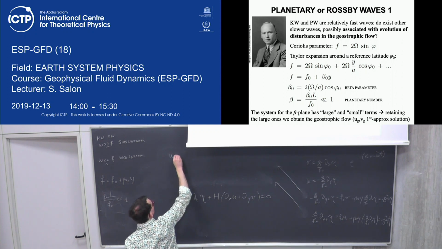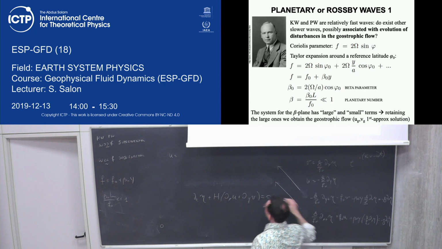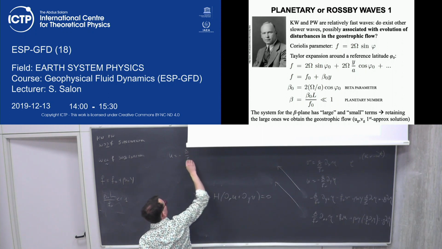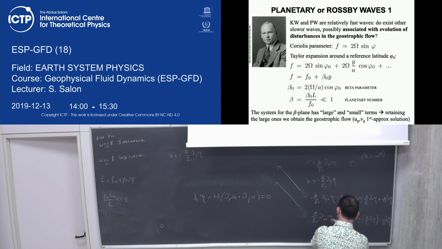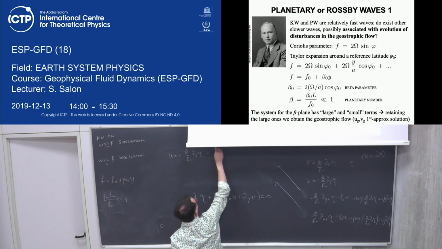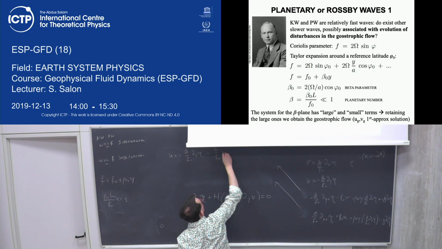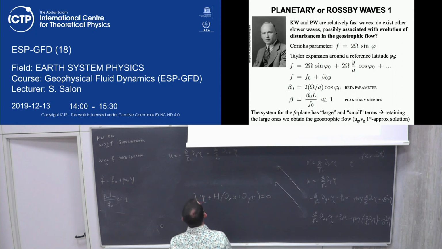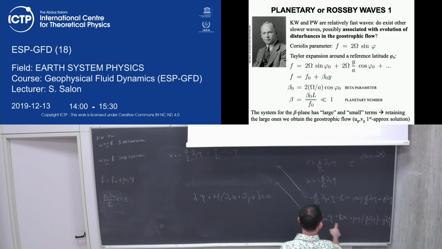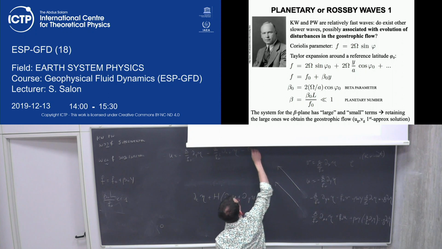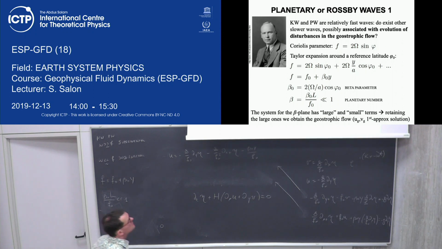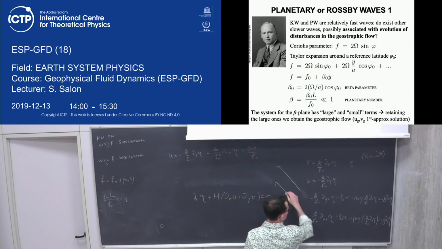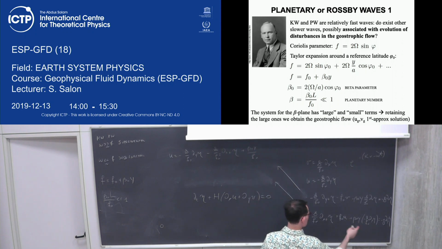So for u I will have minus g over f0 dy eta, this and this, and then all the other terms, minus g over f0 dxt eta divided by f0, then this minus beta 0 y over f0, with a plus because it's on the other side.